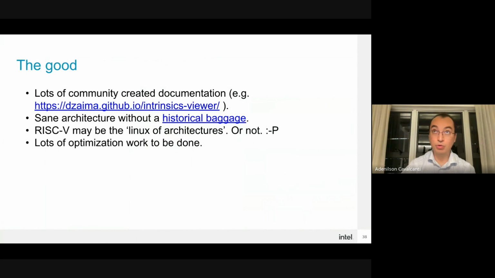The architecture also, because it's starting fresh, doesn't have lots of historical baggage. And RISC-V may become in the future the Linux of architectures, or not. I mean, if you go back in time, say '91, '92, no one could say how successful Linux was going to be, right? And as you saw on one of the perf profiles, there's lots of optimization work to be done, both on system libraries as well as compilers, the kernel, and everything else.